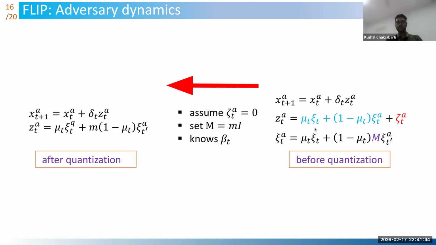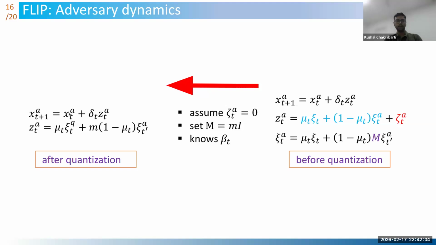Based on this information, the adversary dynamics can now be written like this. I have just removed the zeta t part, and I have set M to be small m times an identity matrix, which gives us this adversary dynamics.